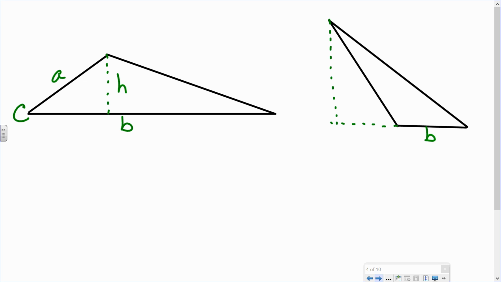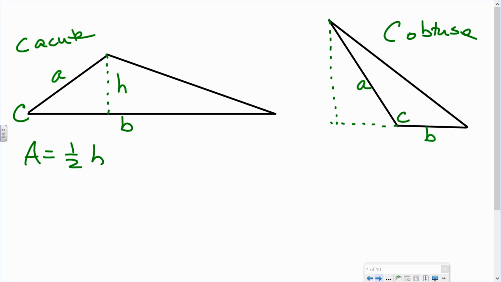And then when I do this one, that will be my side A. That will be my angle C. It's going to be obtuse over there. So here C is acute. Here C is obtuse. All right, well, let's do what we did before.